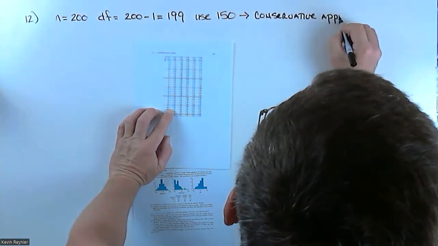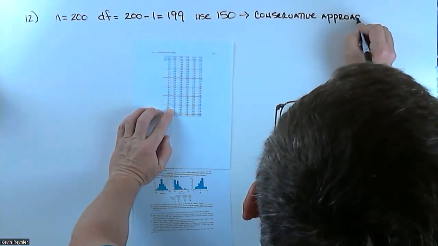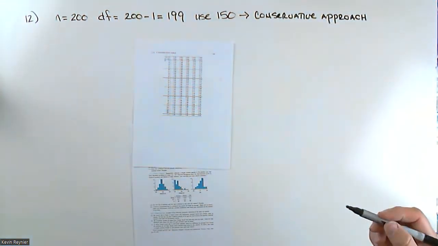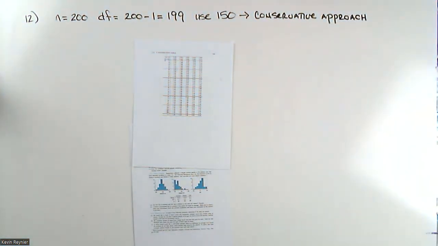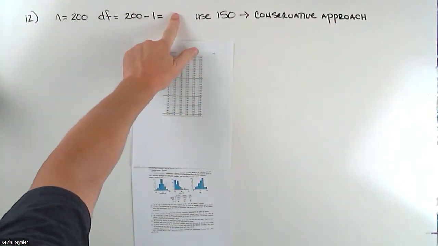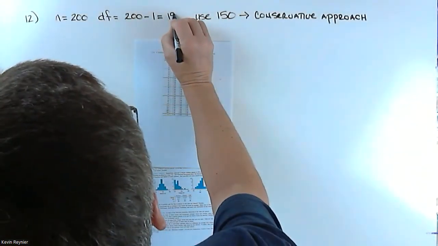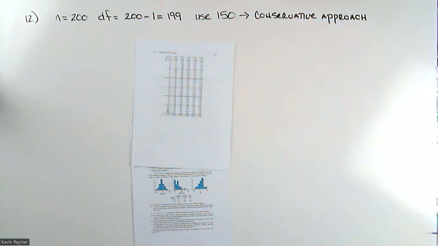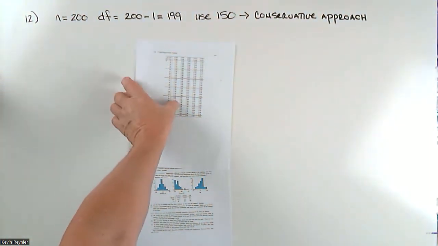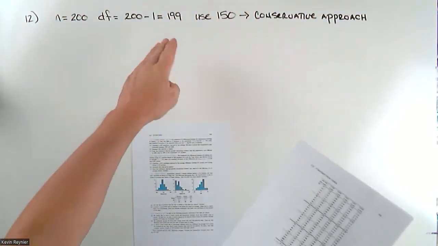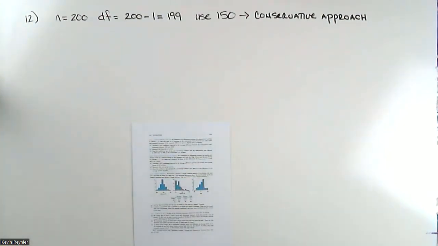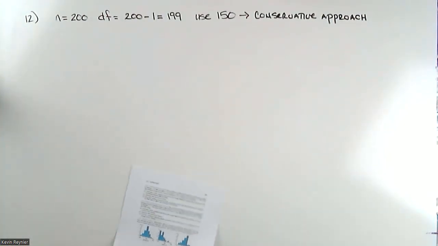That will minimize our error. We always go to the next value down below our number. If our number is not there and we have 199, it's not there, even though 200 is really close. The reason your author put this problem in the book is to make sure that even though it's really close to 200, you don't use 200, you go down to 150. So we're going to use 150.